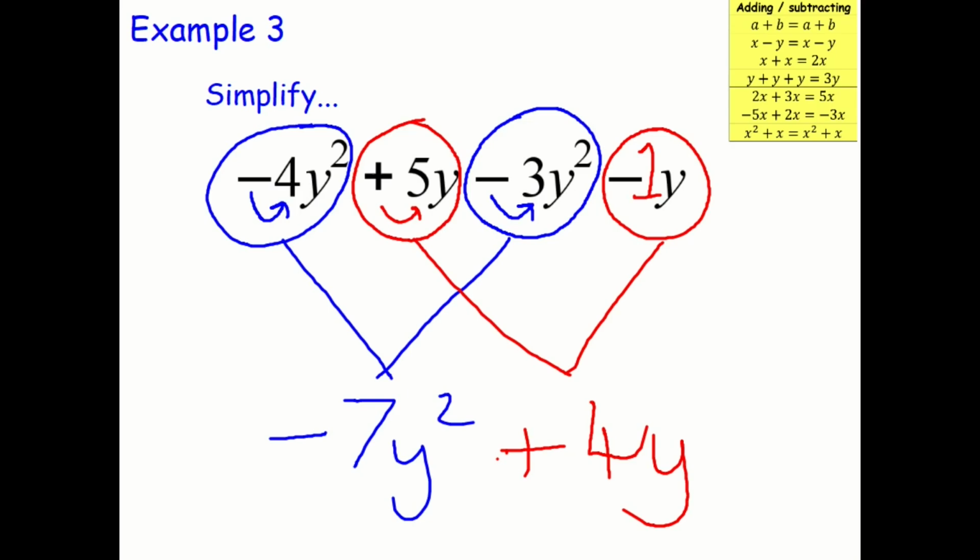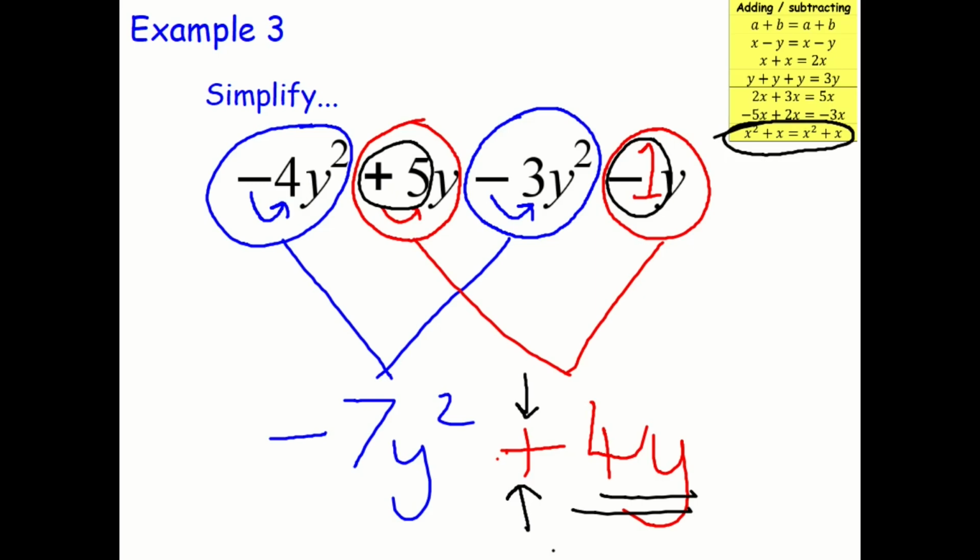So the sign in the middle here is whatever that y term is. And that y term we got from +5, -1, I'm still left at +4. That's why that sign is a positive. So your final answer is -7y squared plus 4y. And that's it. You don't squash them together to make y cubed or anything like that. It is just -7y squared plus 4y because of this rule here. You cannot simplify them any further.